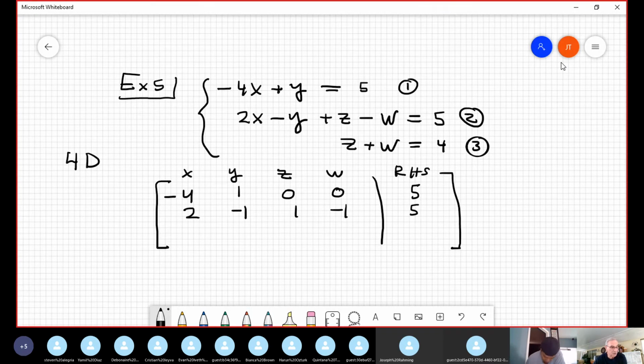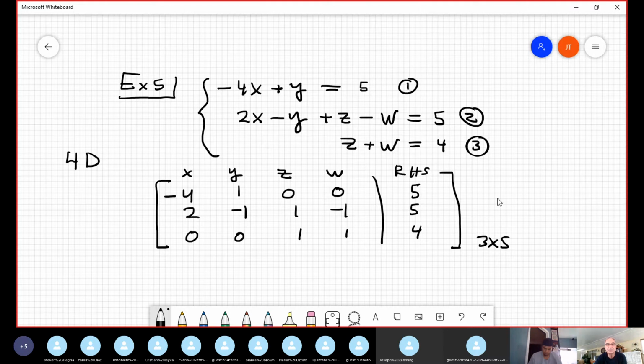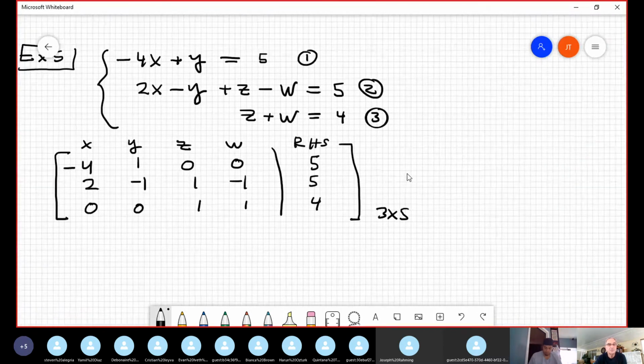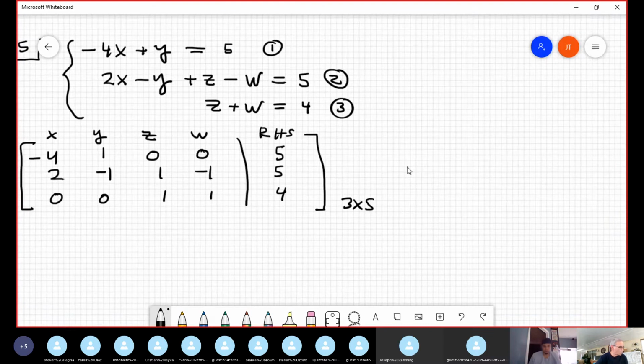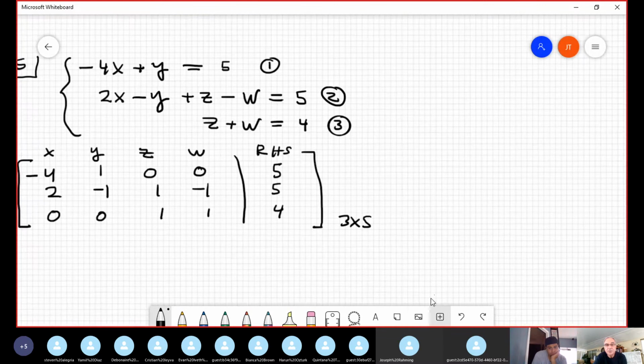Is it a coincidence? 5? Yeah, 5. And the last equation, no X, no Y, missing, 1, 1, and 4. Okay, this matrix is 3 by something: 1, 2, 3, 4, 5. 3 by 5. Okay, this is my matrix. I put it in GeoGebra. Let me go.